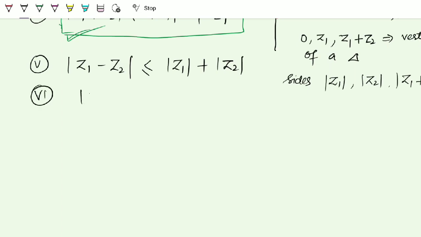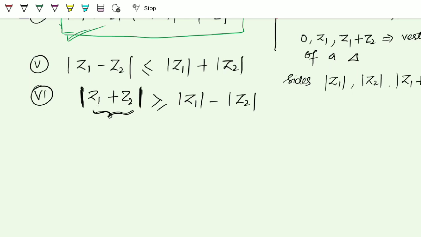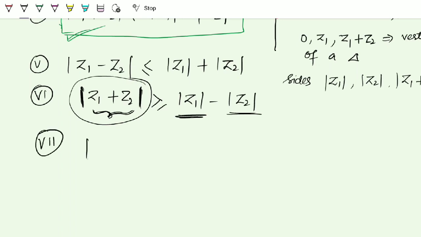The next one is mod z1 plus mod z2 is always greater than or equal to mod of z1 minus z2, because here two complex numbers are being added and the modulus taken. So the addition of these complex numbers will always be greater than the separate moduli being subtracted from each other. And the next one is mod of z1 minus z2 is always greater than or equal to mod z1 minus mod z2.